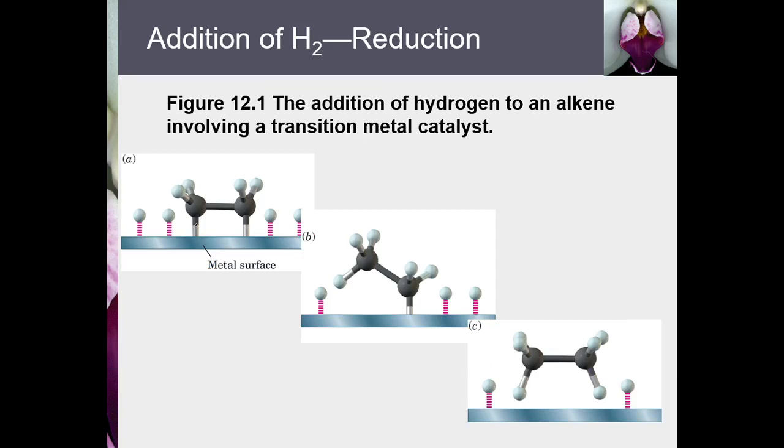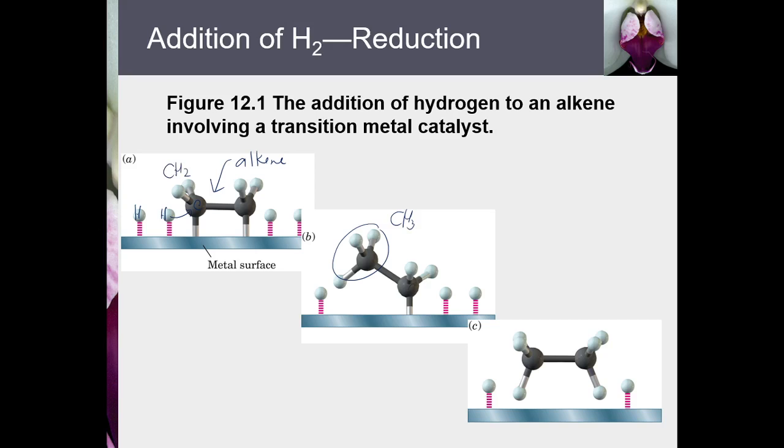So this is the process. On the metal surface, this is your alkene, and those circles are your H. What will happen is this carbon will react with this H, so it became CH3, originally CH2.